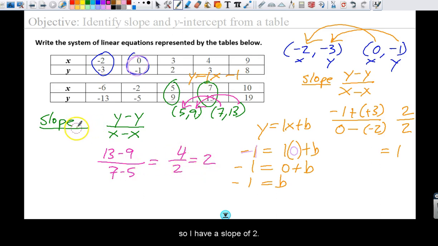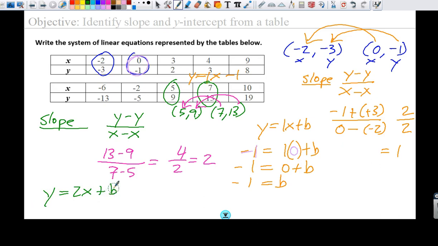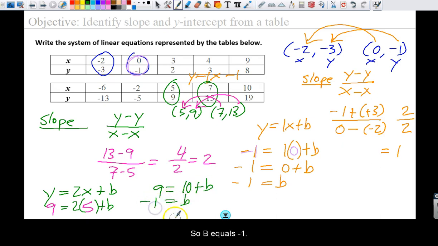So I have a slope of 2. All right, now I need to find the y-intercept. Y equals 2x plus b. We'll put an ordered pair in there for x and y. So I'm going to use the point 5, 9, 5 for x and 9 for y. So I have 9 equals 10 plus b. So b equals -1. So my second line would be y equals 2x minus 1.